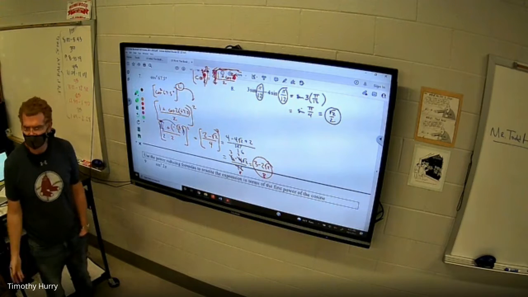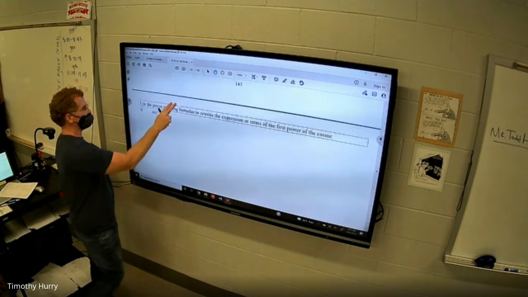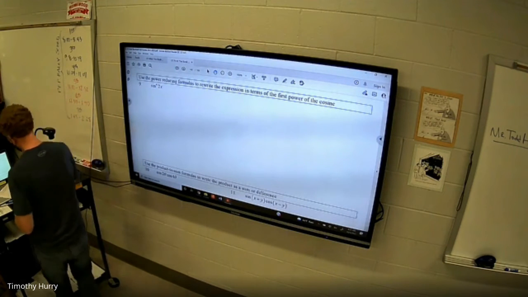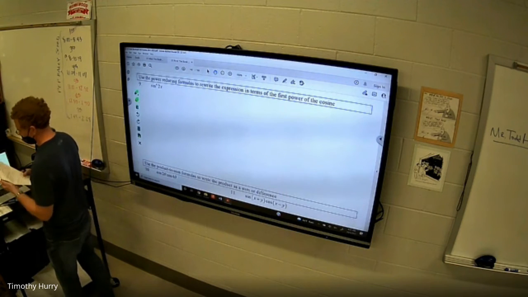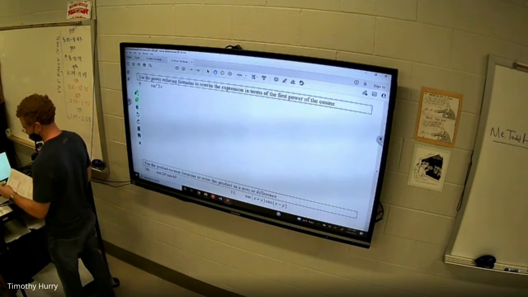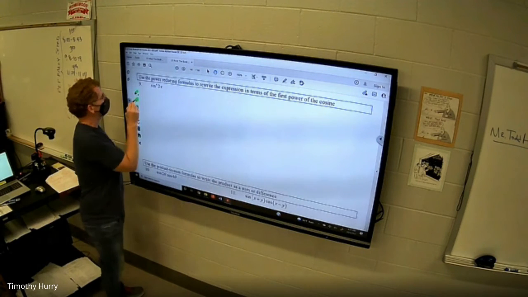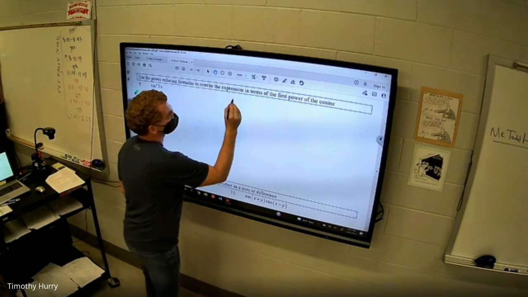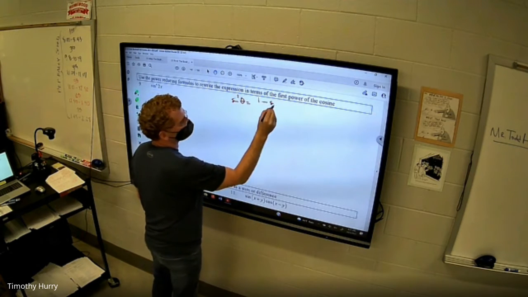You seeing this? This one says use power reducing. How can I use power reducing on this thing? Anybody? Okay, so the power reducing formula, you go look at it, says sine squared of an angle is 1 minus sine of what?